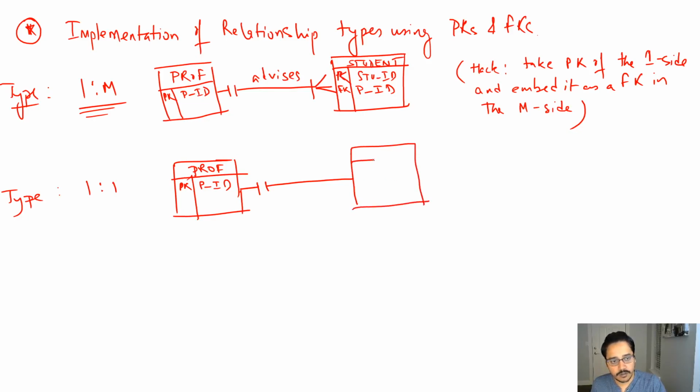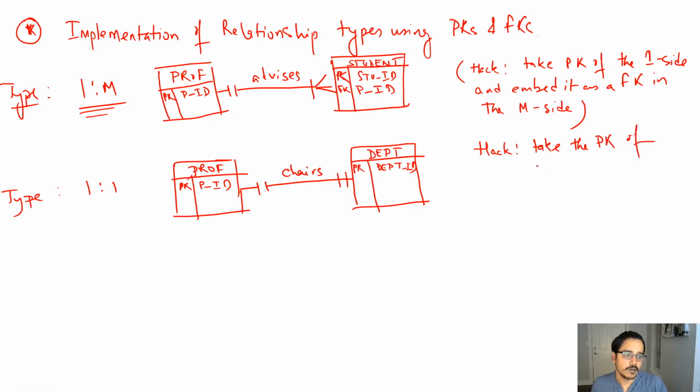Professor may or may not chair a department, but let's say you have the department here where you have the primary key as department ID, and this is 1:1, and the label is chairs. So the hack here is take the primary key of the subject and embed it as a foreign key in the object.